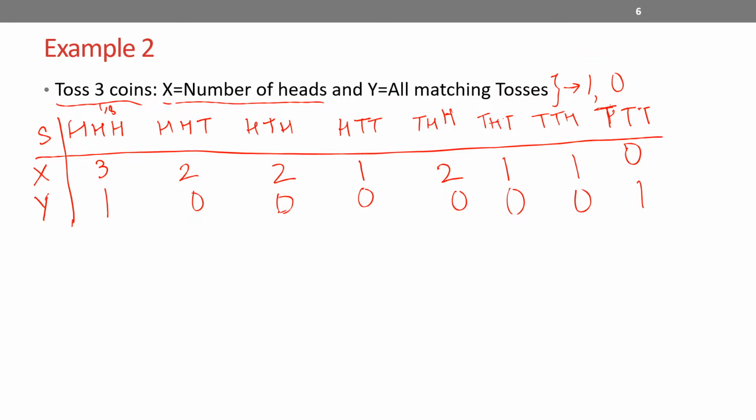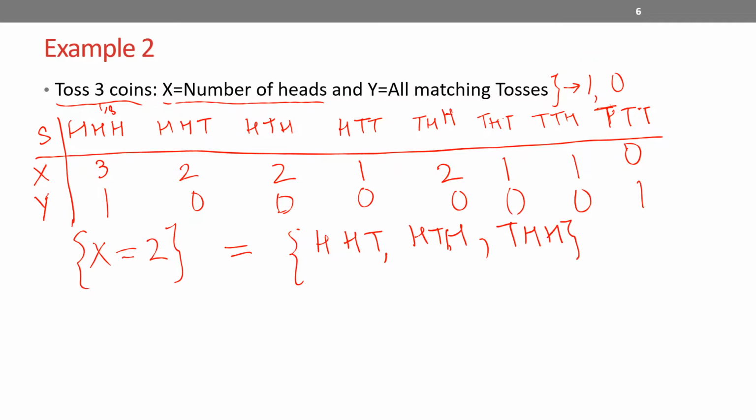For example, I can say, what is X equals 2? What is this particular event? This means the number of heads is exactly equal to 2, which is this, this, and this. Or I can write this down, which is H, H, T, H, T, H, and T, H, H. Similarly, I can figure out what is X greater than or equal to 2.